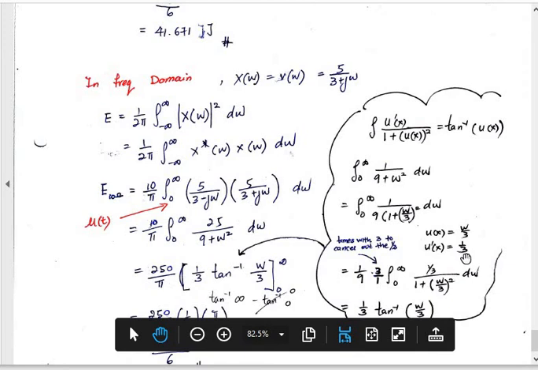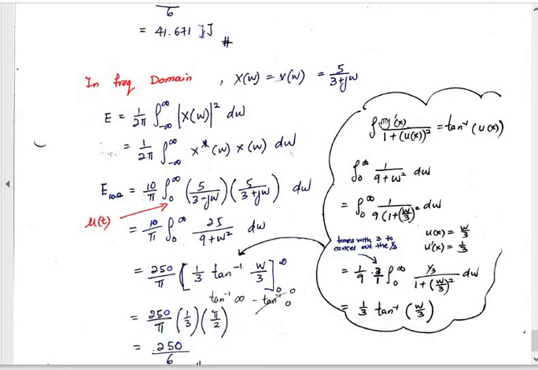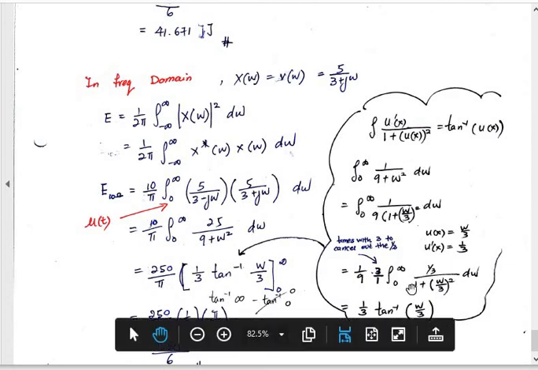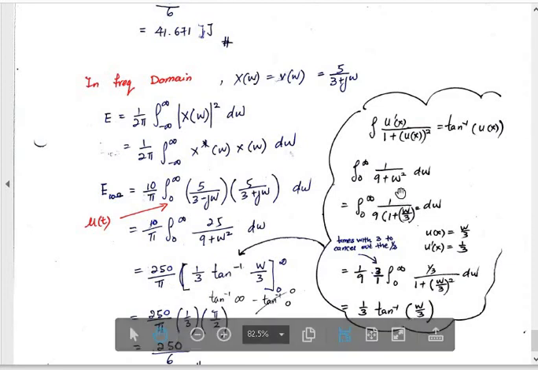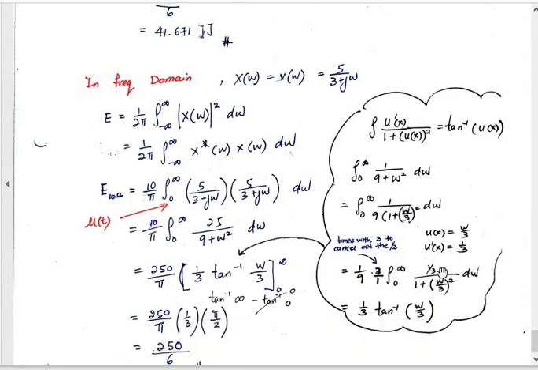If I put in the value, I will have 1 over 3 divided by 1 plus omega over 3 squared. But initially I only have 1, right? This is the original value.